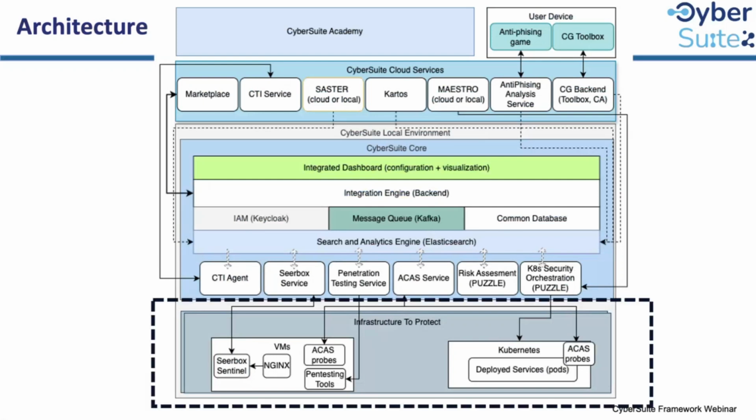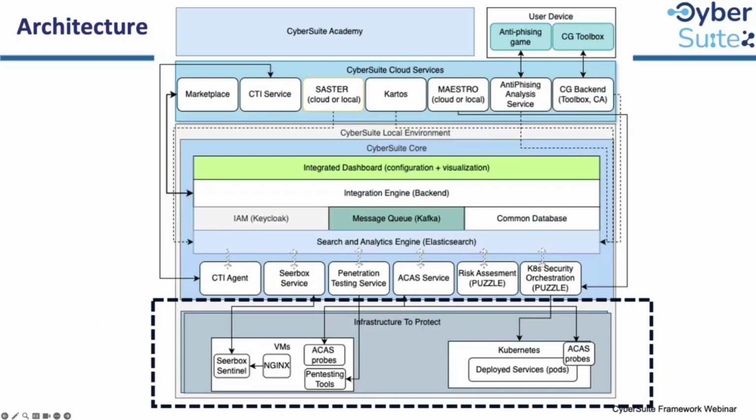At the bottom, you see the infrastructure to be protected. In CyberSuite, we have tools that protect applications, can protect the network, and can also detect incidents within machines, but we also have tools like Puzzle that focus on the Kubernetes world.